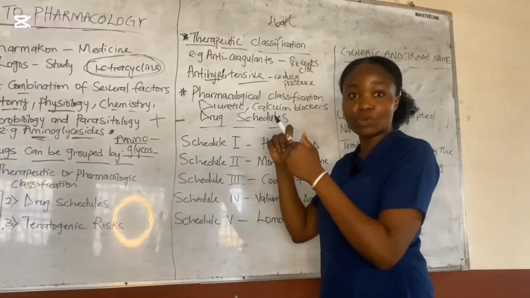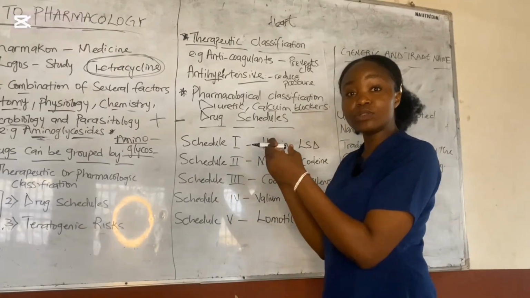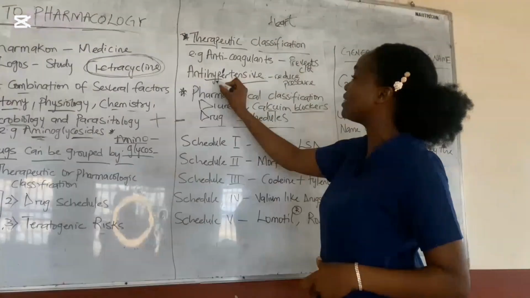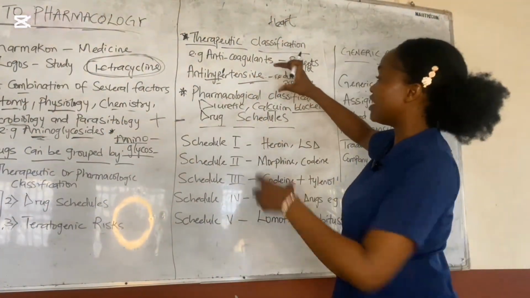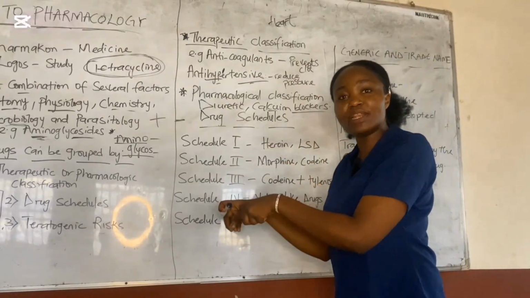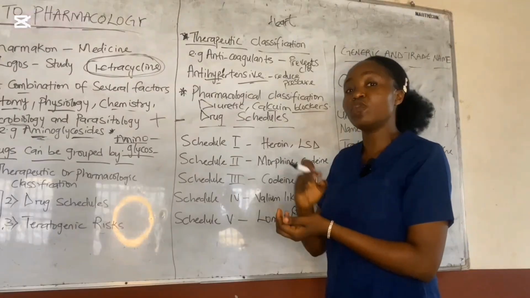Same with the calcium channel blockers, which help to block the calcium channels. They are all working for one therapeutic effect, which is what? Against hypertension. So pharmacological classification talks about individually what exactly this drug does, what is the exact mode of action of this drug.